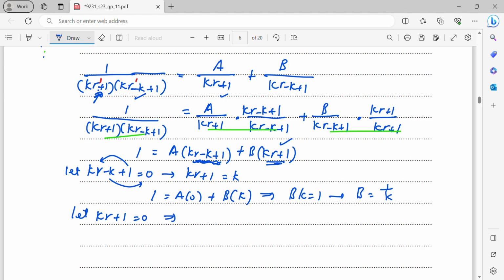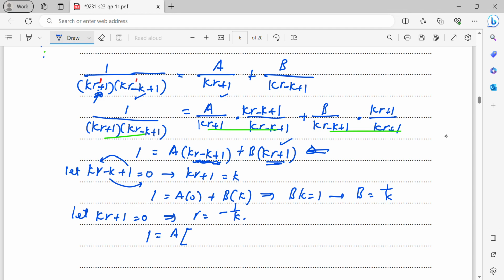Right? So now the next is I let kr plus 1 be 0. Then I need to get the r value, so my r is basically minus 1 over k. Now I'm substituting this value into this equation. So 1 equals a bracket, I need kr.